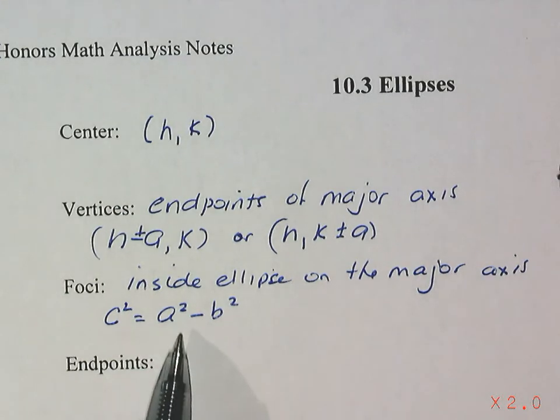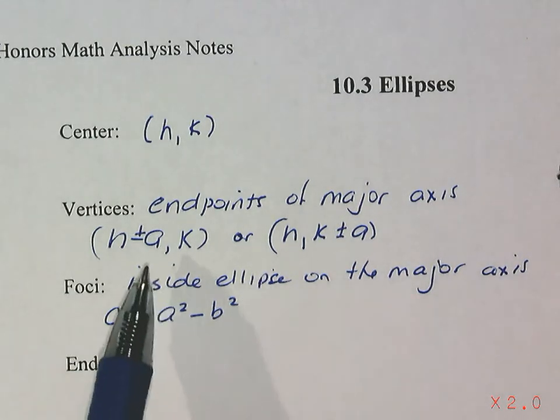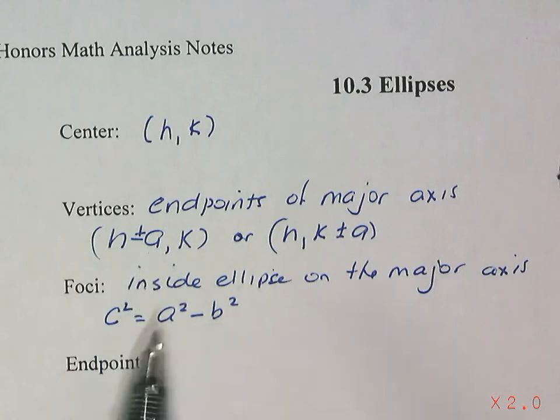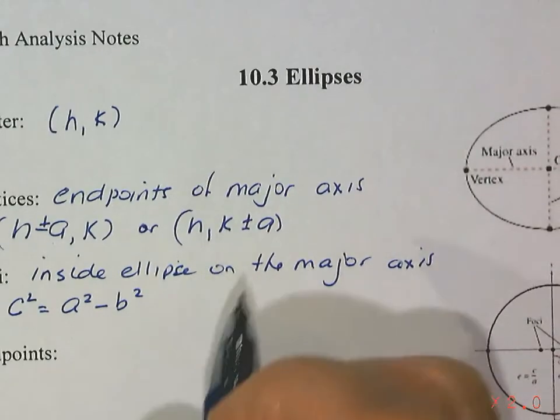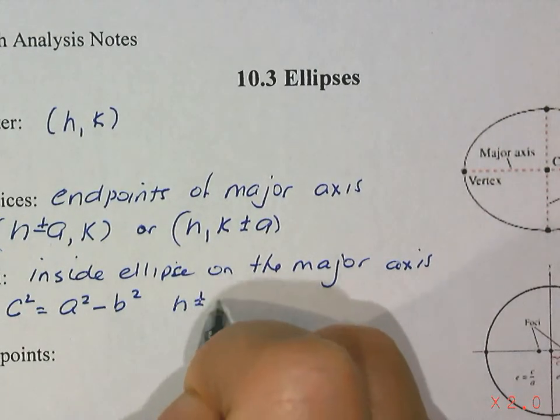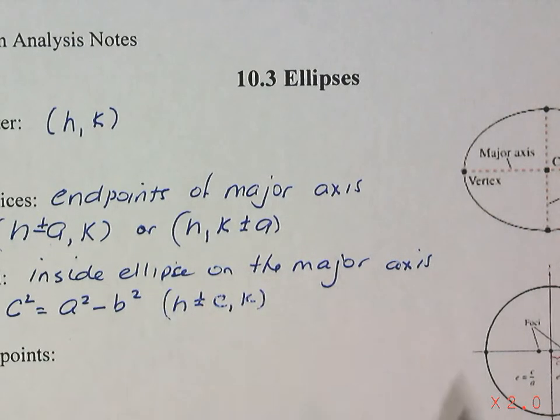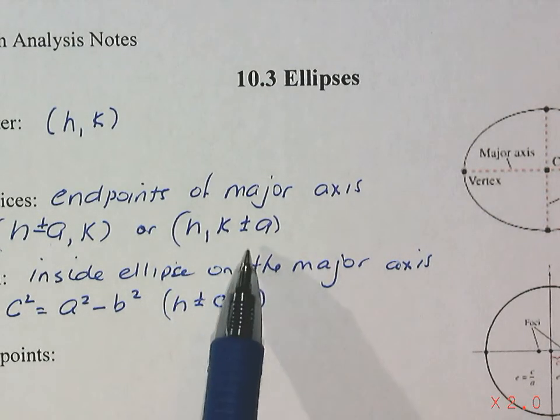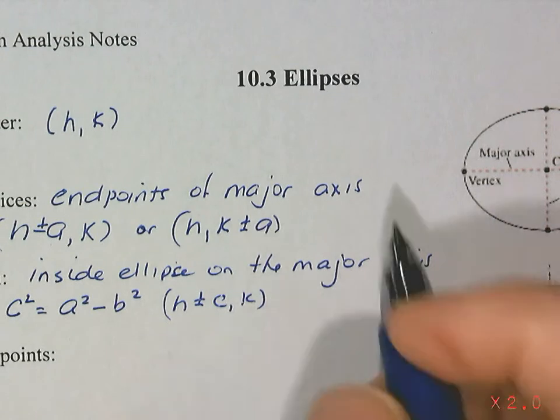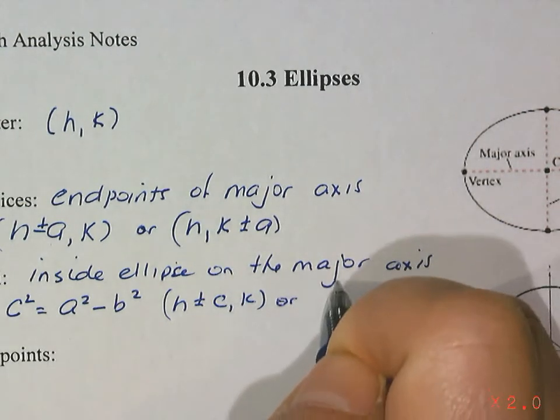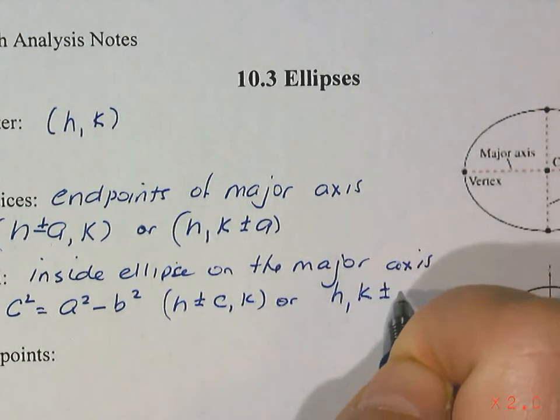A is always larger, and you have to move that distance along from the center. So if you're moving right and left, instead of adding a, you're going to add c. So one of the formulas would be h plus or minus c, k. If you're moving up and down, you have to add c to k. So it's going to be h, k plus or minus c.